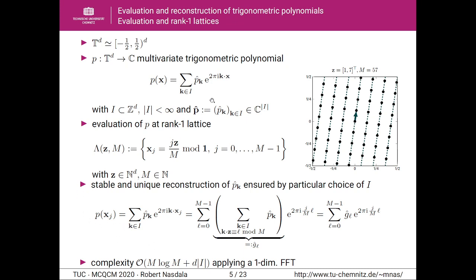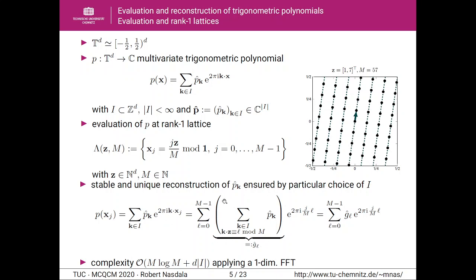When we take such polynomials and evaluate them at a rank-1 lattice node, at first it looks like this. And then when we actually compute those frequencies times lattice points expressions, we will observe that these will only be integers that repeat themselves sometimes.